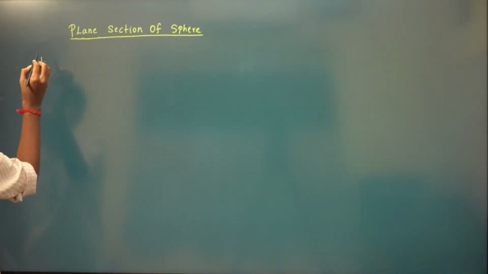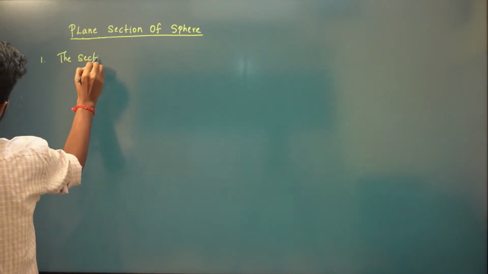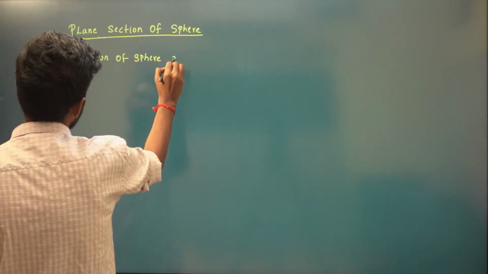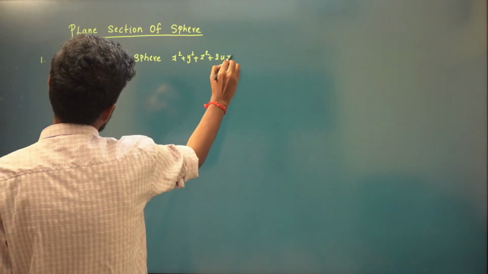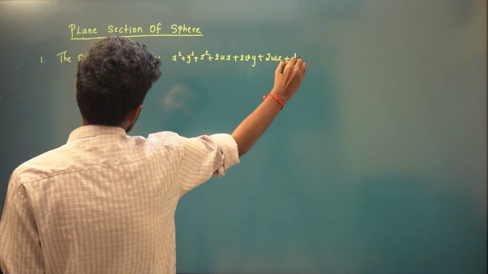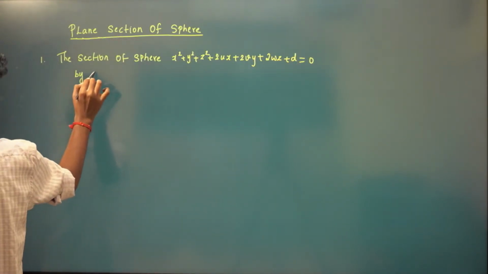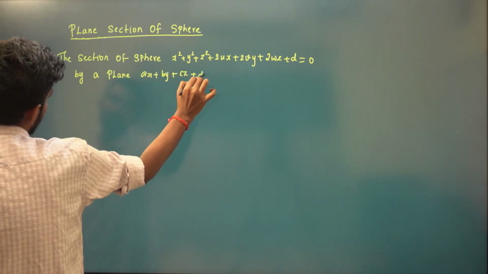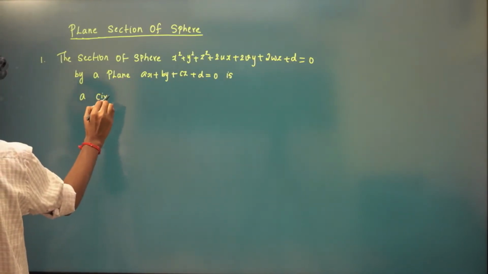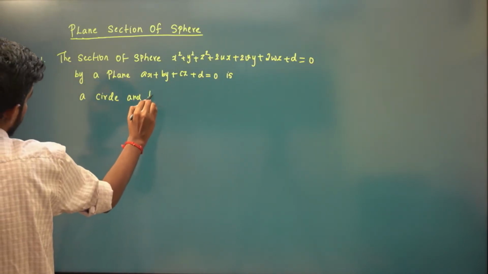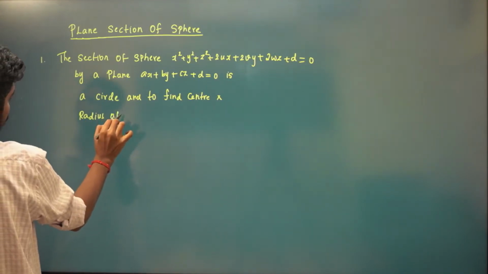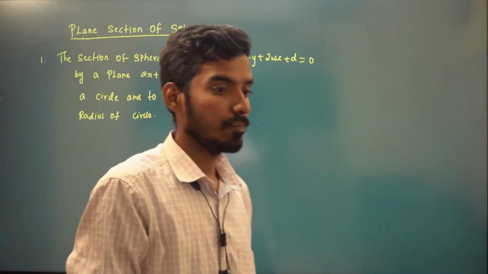For a circle in 3D, first is the section of a sphere x square plus y square plus z square plus 2ux plus 2vy plus 2wz plus d is equal to 0 by a plane ax plus by plus cz plus d is equal to 0 is a circle, and we need to find the center and radius of this circle. This is what the first set of problems will be.